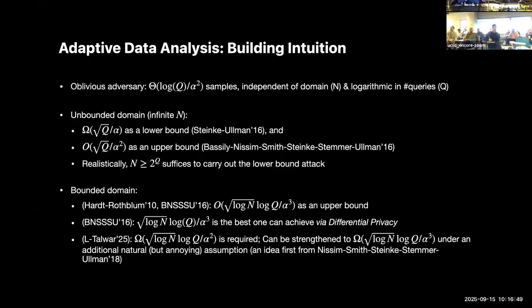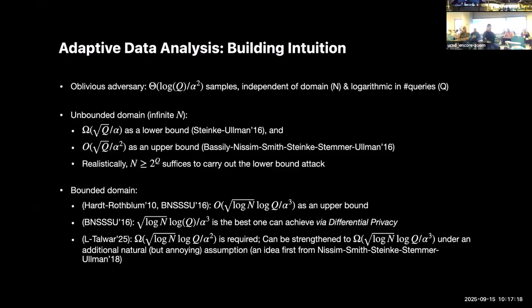And already in the original paper establishing the connection between privacy and generalization, it was observed that if you want to work within the framework of differential privacy, this is basically the best you can do. So this has also motivated a lot of research where one tries to replace differential privacy with weaker algorithmic stability notions to get more sample efficient adaptive data analysis algorithms.